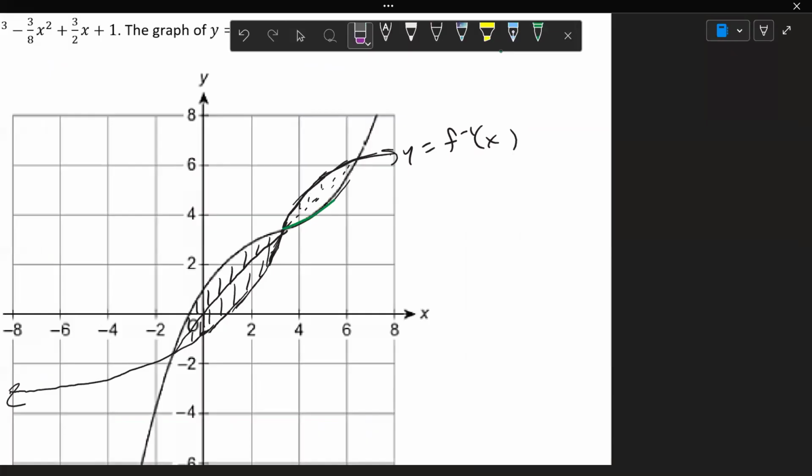This is the graph of f of x, and you can see f of x is actually the bottom one here, and this is y equals x, which is above. Because it's the bottom area we're using, not the top area here. If you do f of x minus x, you're going to end up getting a negative area because f of x is the bottom function, not the top function. Because f inverse x is the top one here.